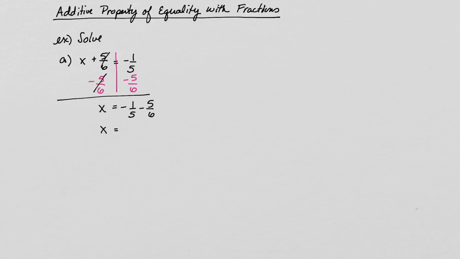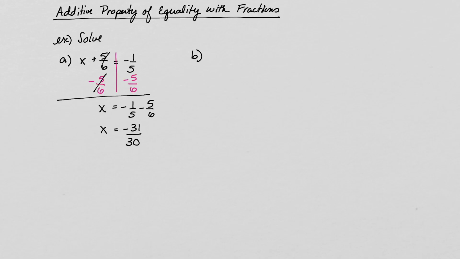If you don't know how to punch it in your calculator, be sure to watch our calculator videos or ask your instructor to help you figure out how to not have to do it by hand. So in this case, when I punched it into my calculator, x turned out to be negative 31 divided by 30. I'll do another one here just so that we can get a little bit more practice with it.